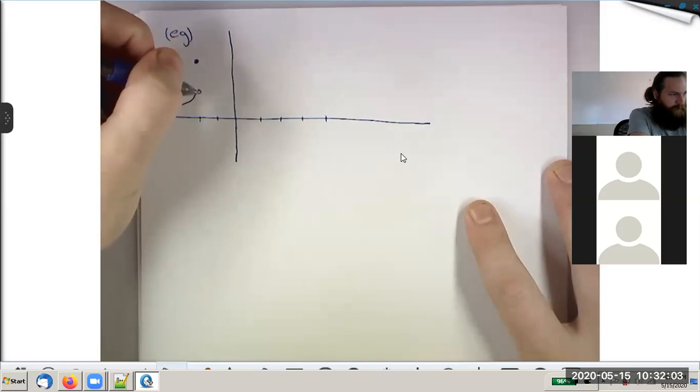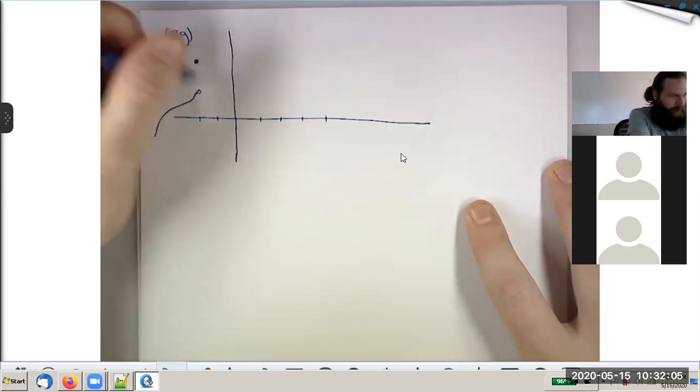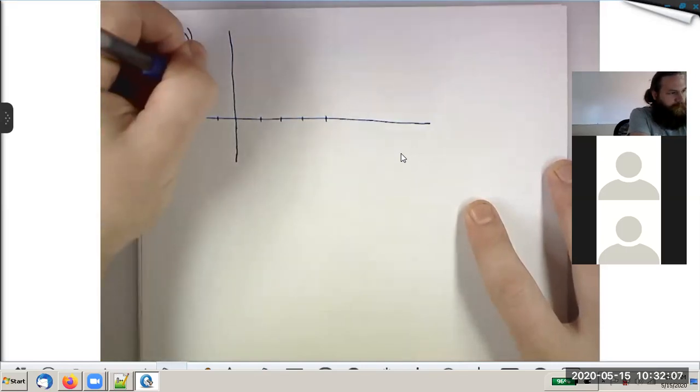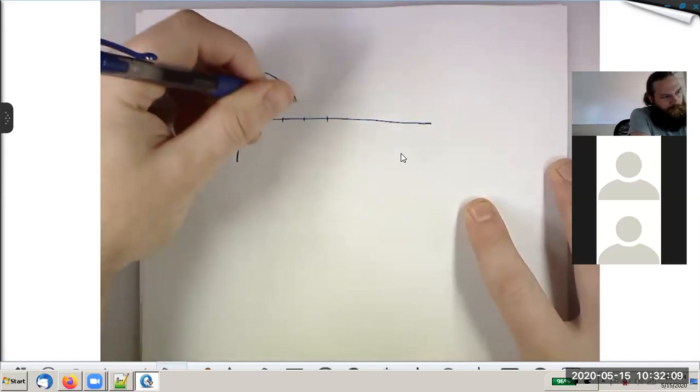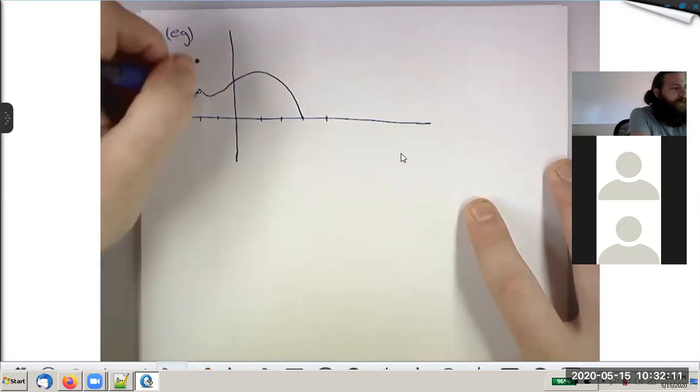Fine. That's 1, 2, 3. So this is the graph of f of x.